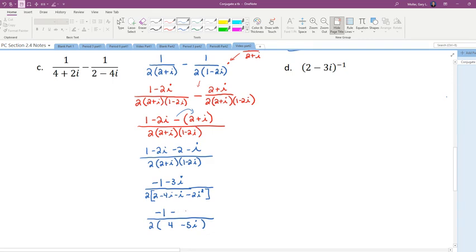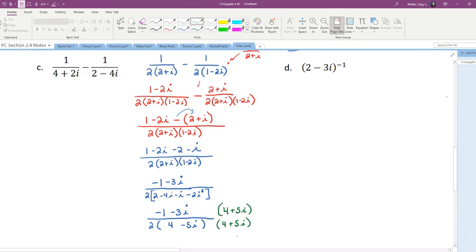All right, that was a lot of work, and I'm not even done yet because I have now added them together, but I need to rationalize. So I'm going to multiply by the conjugate, top and bottom. So now I'm going to multiply by 4 plus 5i over 4 plus 5i.